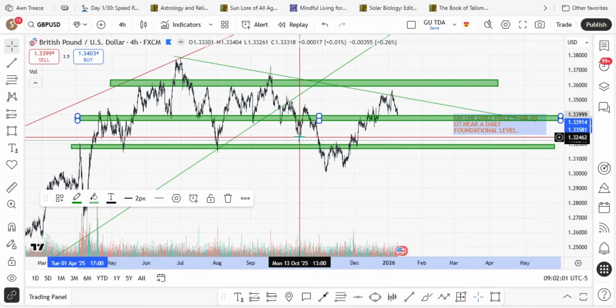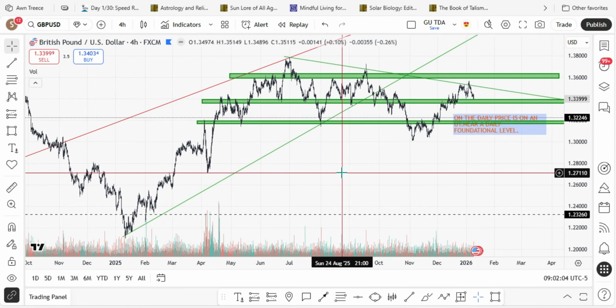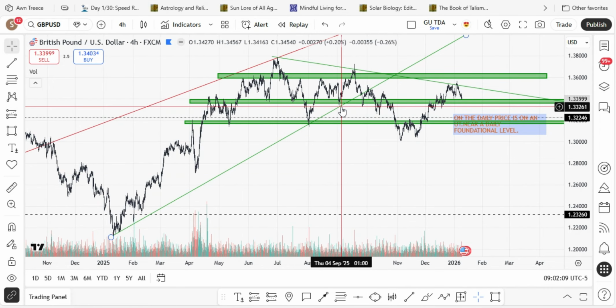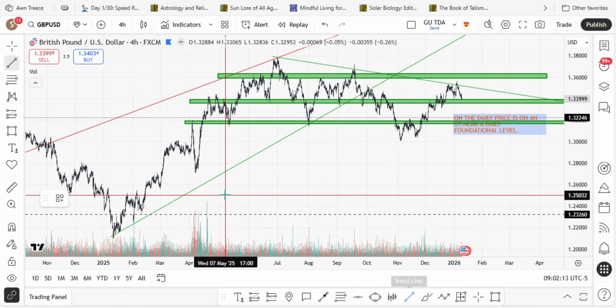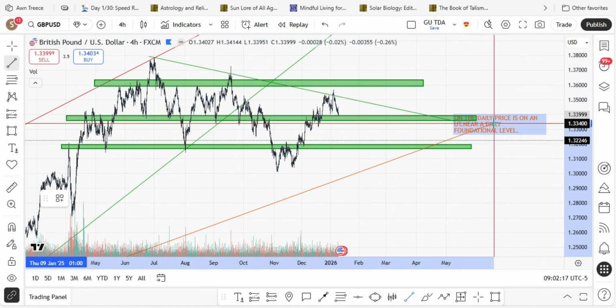Okay. And let's do my 4 hour trend line. There's one. Let's do another one.